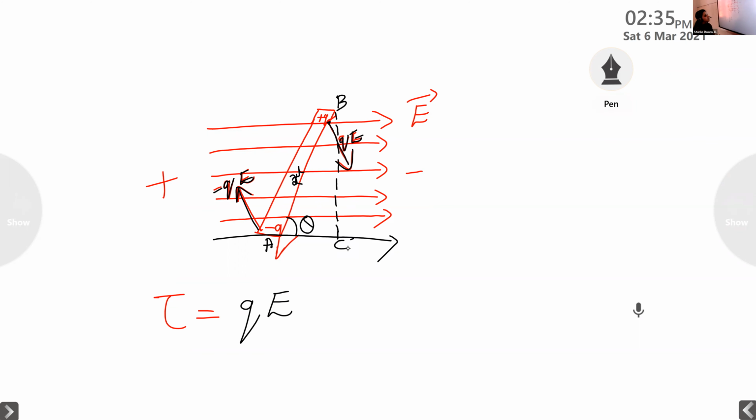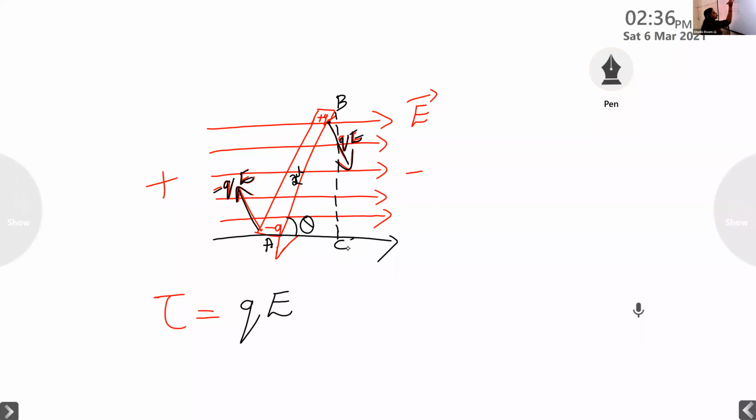In order to find out this perpendicular distance, we do all these things. First of all, we consider an angle theta, where theta is the angle between the electric field and that of the dipole. Then we join this line, so we get a triangle ABC.